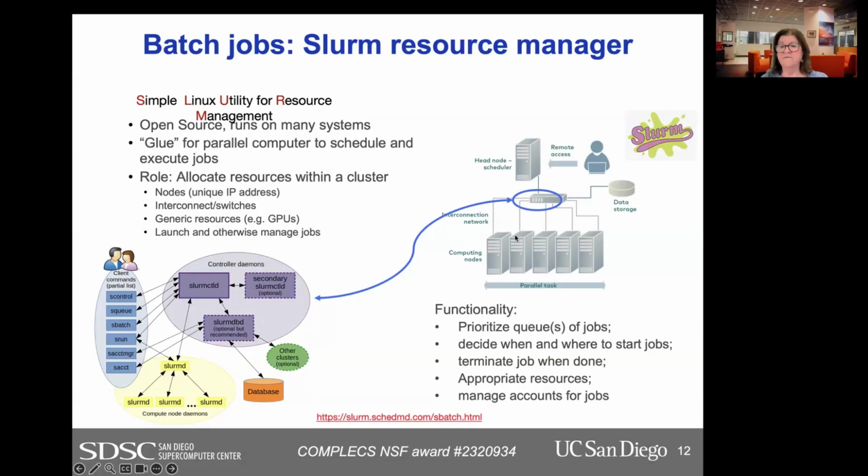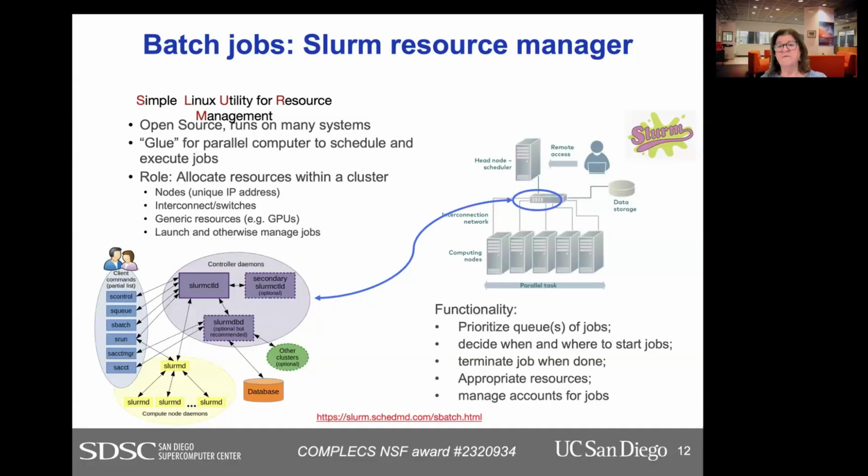This is another version of that cartoon I showed you of a user logging in, working on their home system on Expanse, for example. Then they decide to submit a job to the scheduler, which is its own server. And it's like a gate. You can't get past onto these machines without going through the Slurm scheduler and getting permission to run a job.